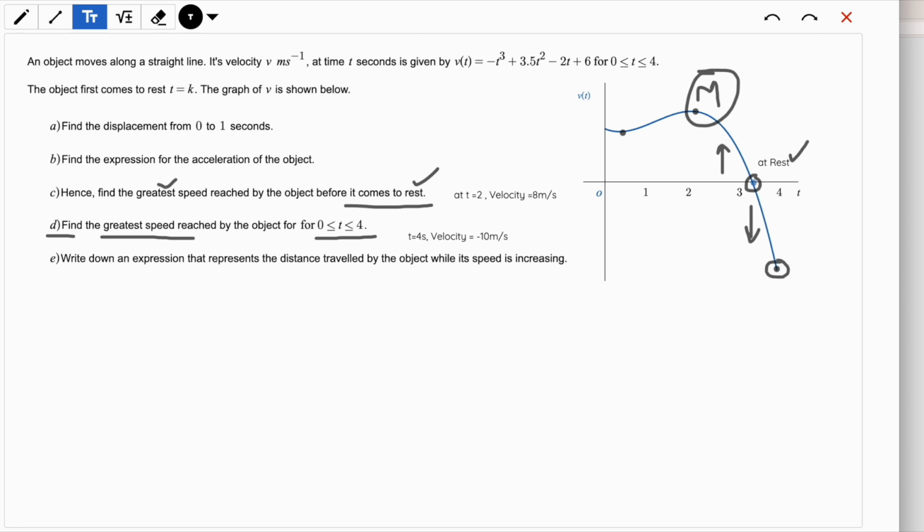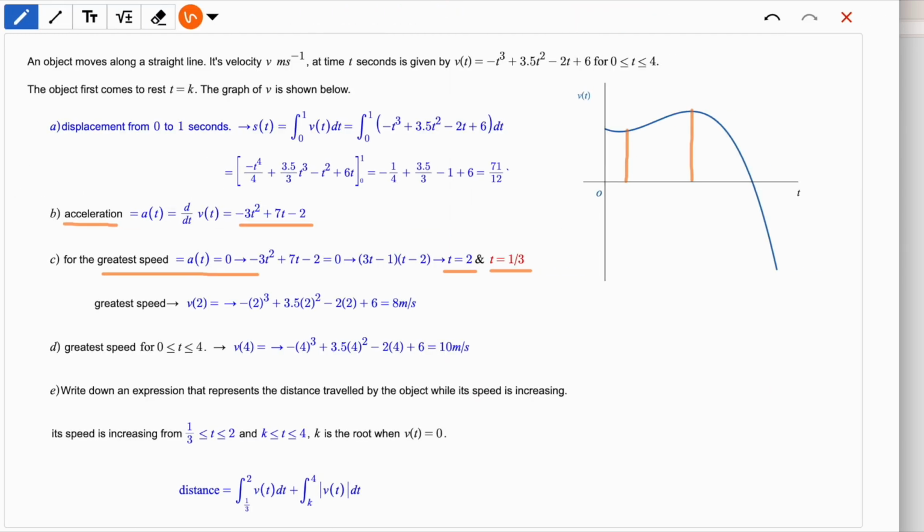So for that you can write down the expression. That's how you can find out. So 1/3 to 2, where your speed is increasing, right? So between these two values, this is 1/3, 0.33, that's the first one, and this is 2.